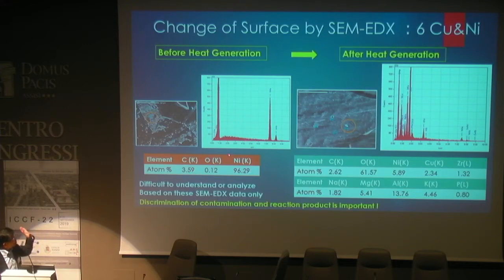In this case, we fabricated copper, but by EDX analysis copper is a very small amount, so we cannot detect the copper in this place. But after heat generation, it depends on the place, but at this point we have a lot of elements like this: copper and zirconium, sodium and magnesium, aluminum and potassium.